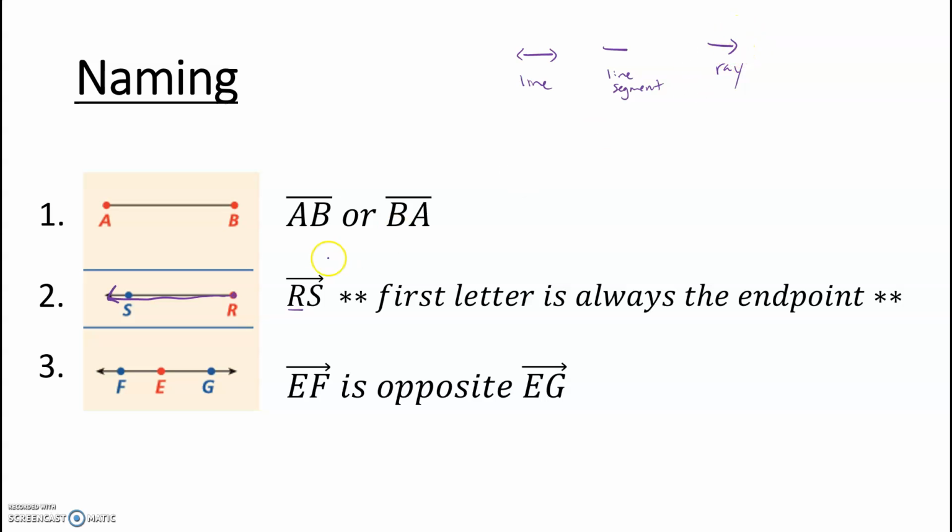The direction that it's facing doesn't mean anything. The letters below it tell you which way you're going, R in the direction of S. And then a picture of opposite rays. Again, notice they have that same endpoint, but they head in opposite directions. So they both start at E. One heads in the direction of G, and one heads in the direction of F. E to F, E to G.